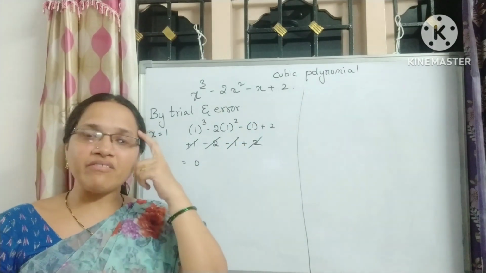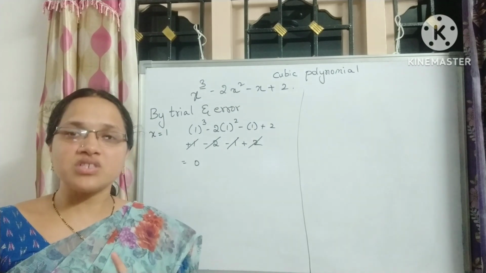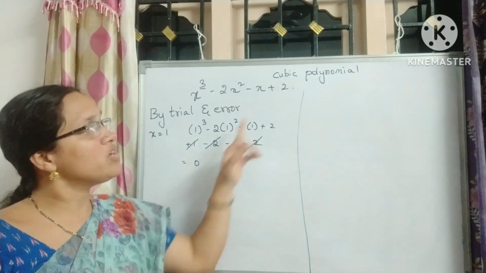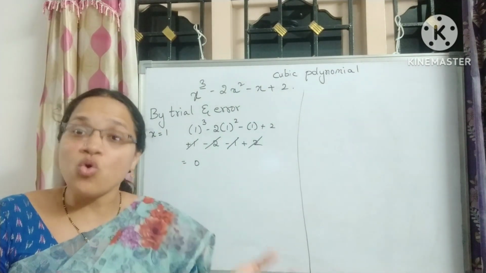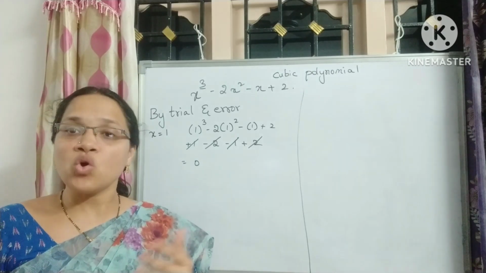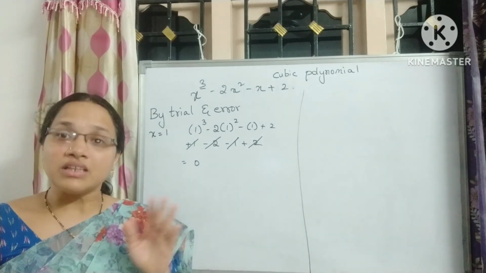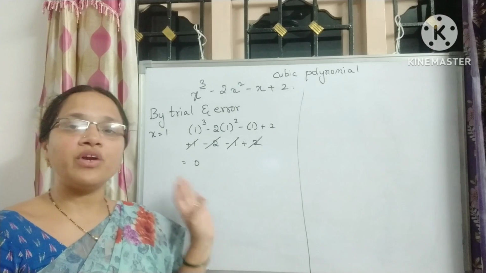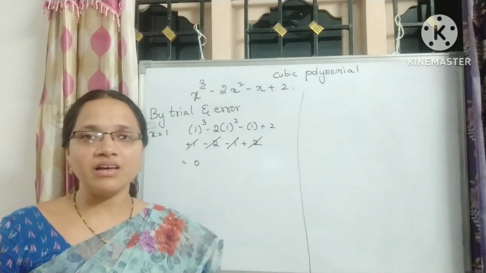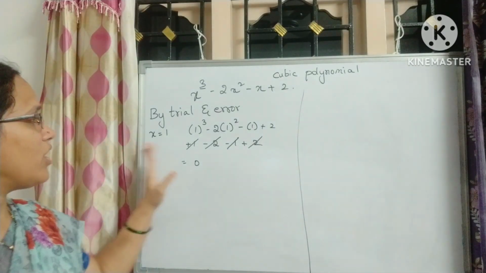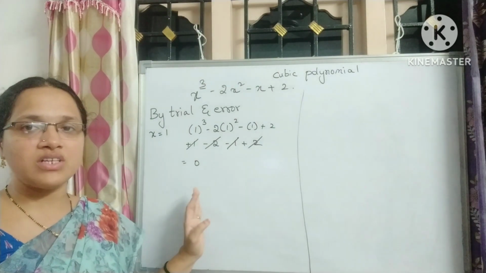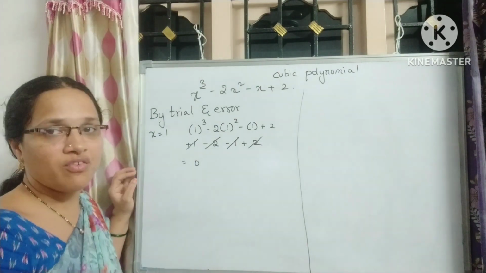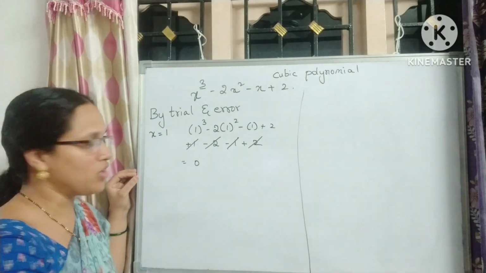So you should keep this in mind: x is equal to 0 will never make it 0 because there is a constant. If there is no constant in the given question, then you can put x equal to 0. Is that clear? So luckily we got x equal to 1 giving 0, so this is one of the factors of the cubic polynomial.